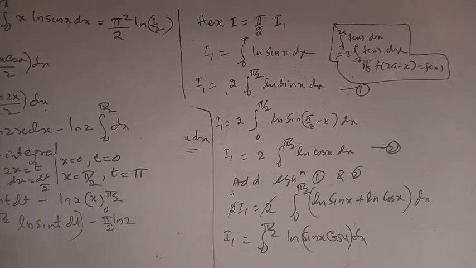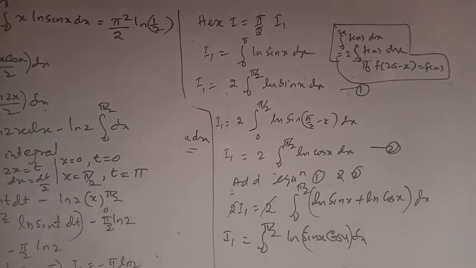So I1 is equal to 1 by 2 I1 minus pi by 2 log 2. Now I1 minus half I1, so I1 by 2 is equal to minus pi by 2 times ln 2. So that implies I1 is equal to minus pi log 2.